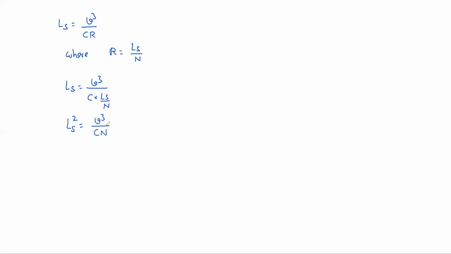Sorry, n comes to the top, right? ls square equal to n v cube by c. So our ls equal to root of nv cube by c. So length of curve, which is 2ls, equal to 2 times root of nv cube by c.